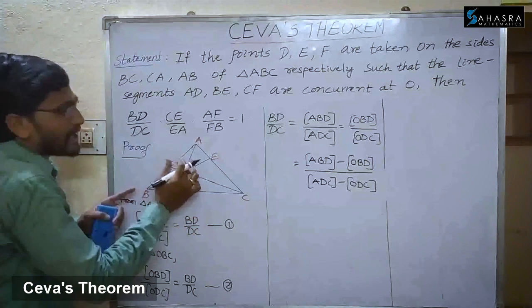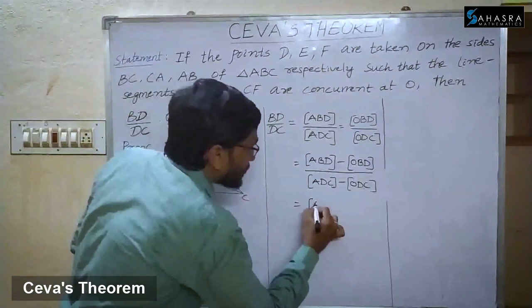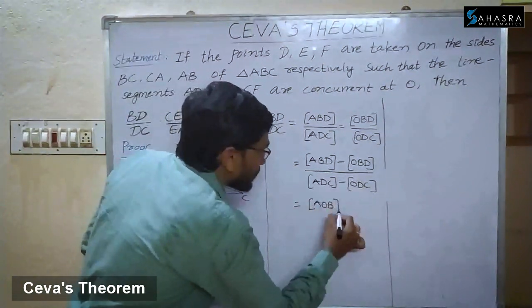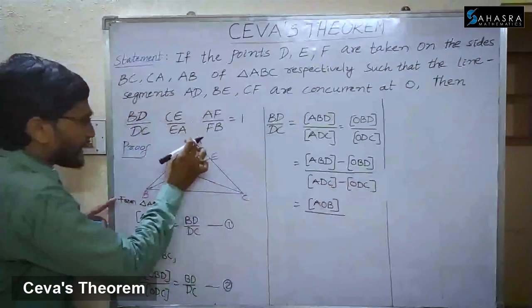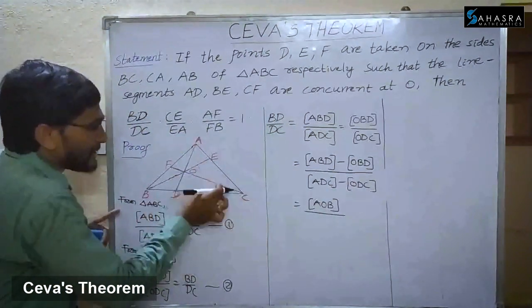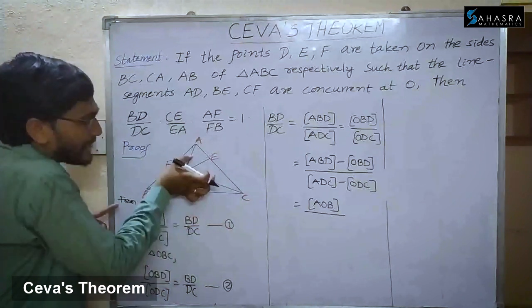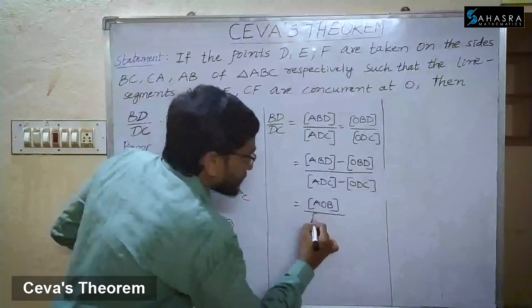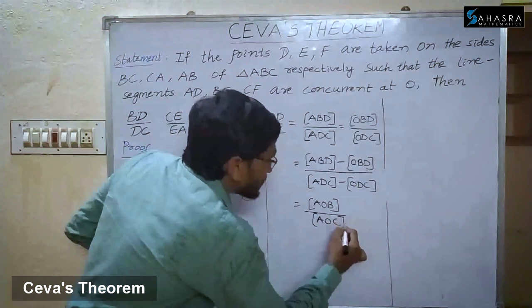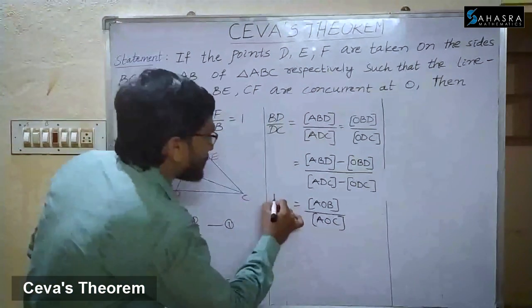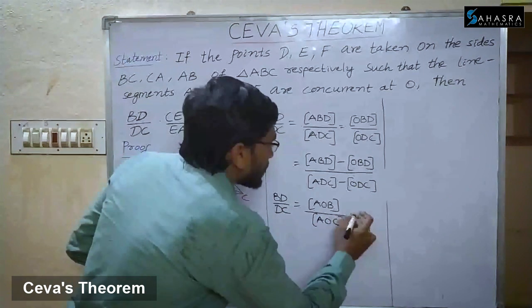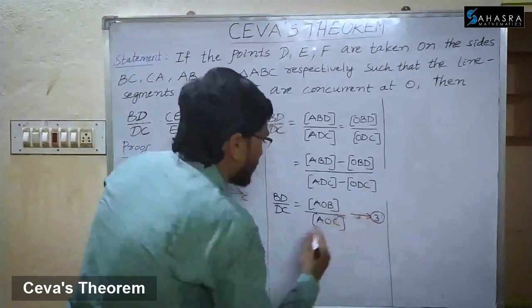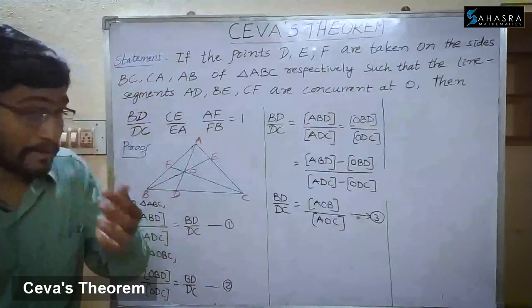Nothing but area of triangle AOB. Similarly, area of triangle ADC minus area of triangle ODC gives area of triangle AOC. And finally, we can write BD by DC is equal to area of triangle AOB by area of triangle AOC. Okay.